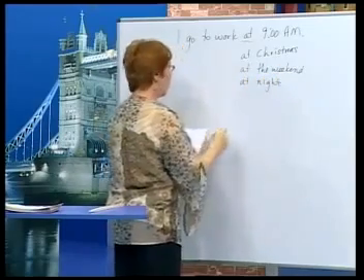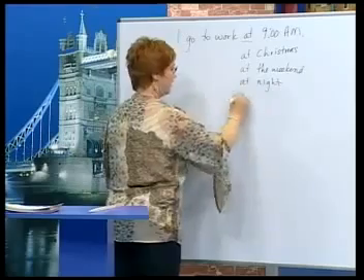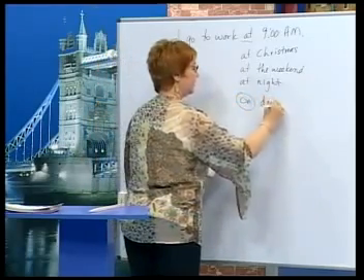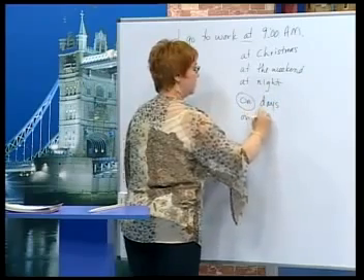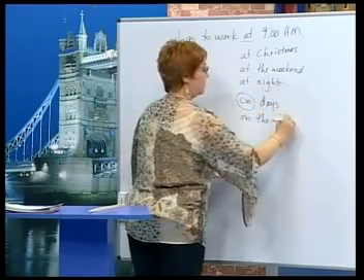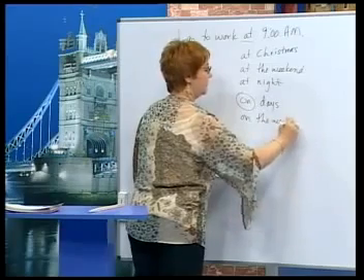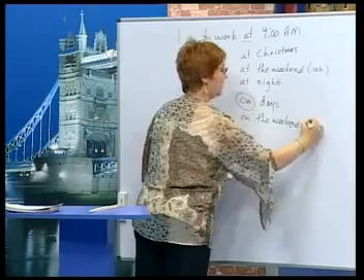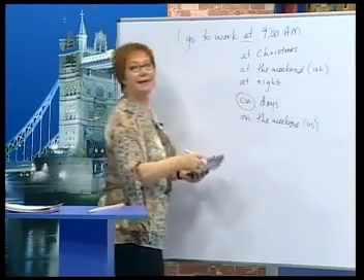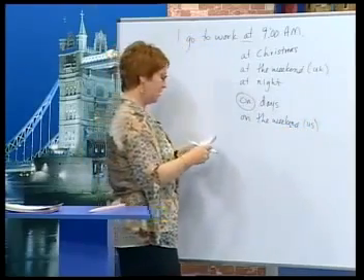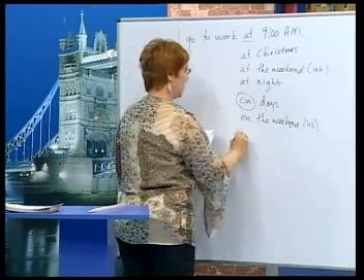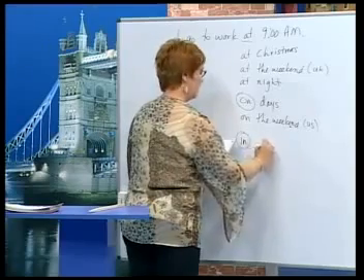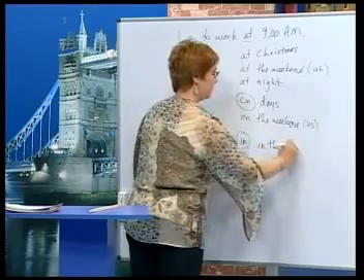Now, we use on to talk about days and weekends, on the weekend. So let's say at the weekend UK, on the weekend US, and Canada, of course. All right? We use in. So in the morning, for example.